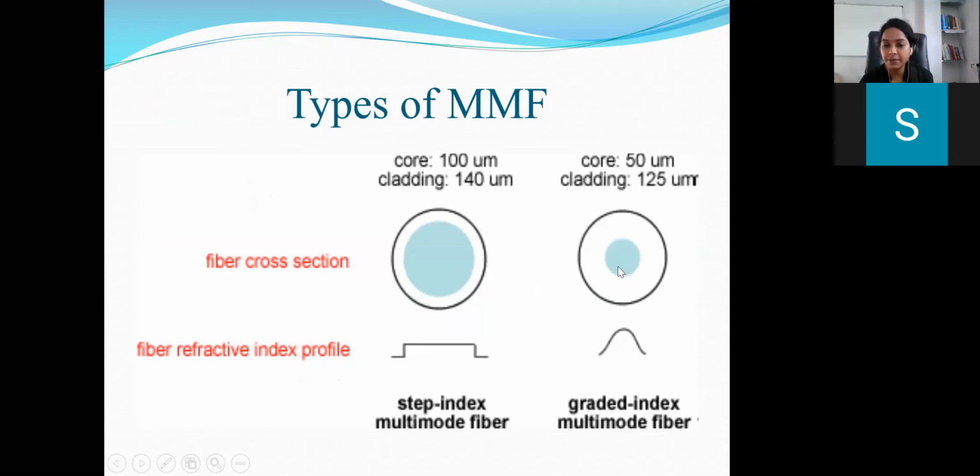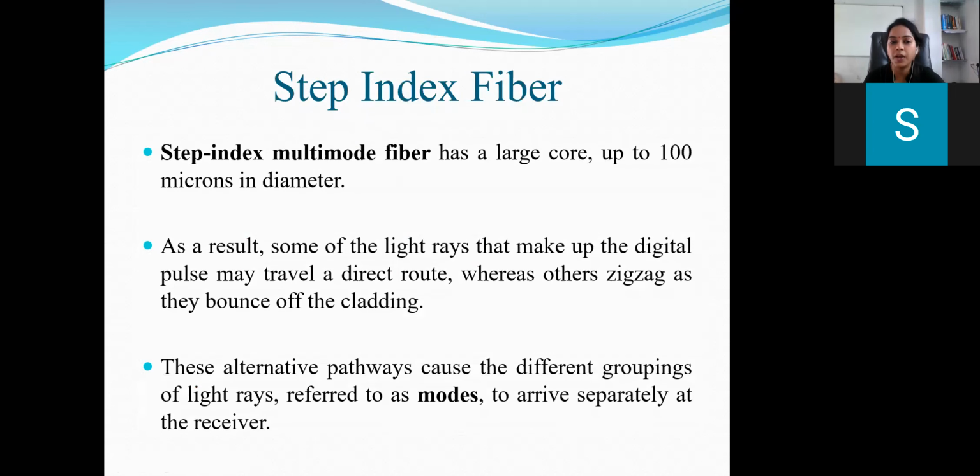The difference lies here only: in multi-mode step index fiber the core diameter is 100 micrometer, and in graded index multi-mode fiber the core diameter is 50 micrometer and that of the cladding is 125 micrometer. Here the cladding is 140 micrometer. So these are the two types of multi-mode fibers.